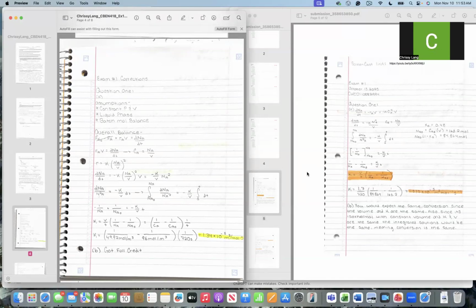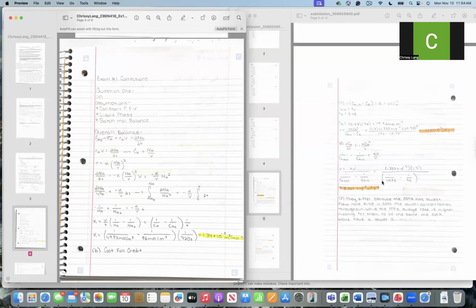Substitute RA equals negative K CA squared, with CA equal to NA over volume, separate variables, and then integrate from NA naught to NA and solve explicitly for X using the given 48% conversion in 720 seconds, and then V equaled 1.7 meters cubed, including the proper units of meters cubed per mole-second. For part B, I clearly answered everything and didn't need to do anything else.